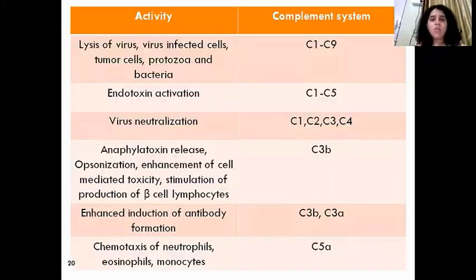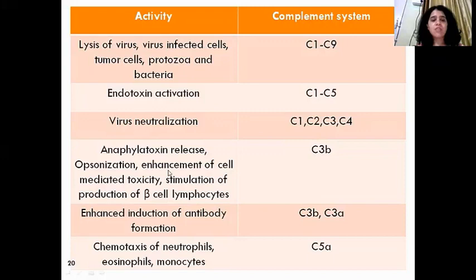Now, which complement proteins are responsible for what kind of activity? C1 to C9 are all responsible for lysis of virus-infected cells, tumor cells, protozoa and bacteria. C1 to C5 are responsible for endotoxin activation. C1, C2, C3, C4 are responsible for virus neutralization.